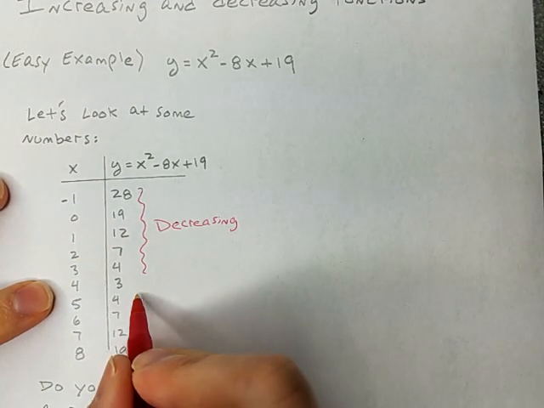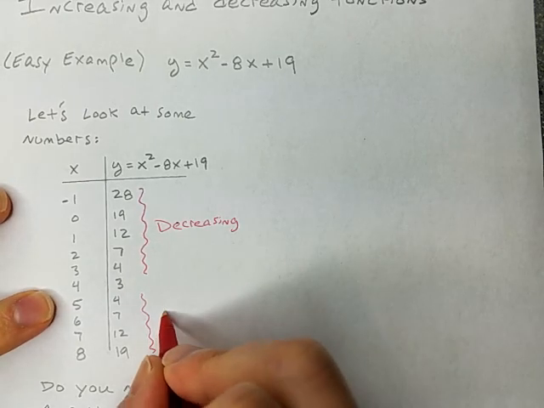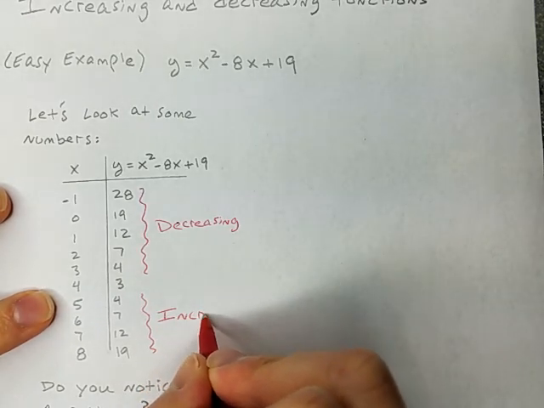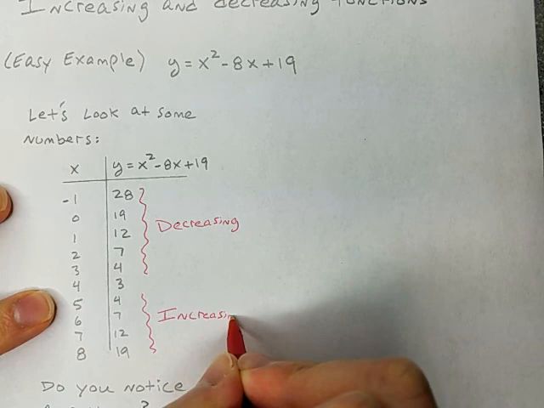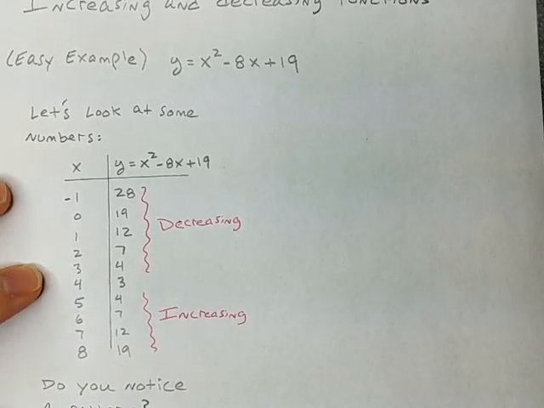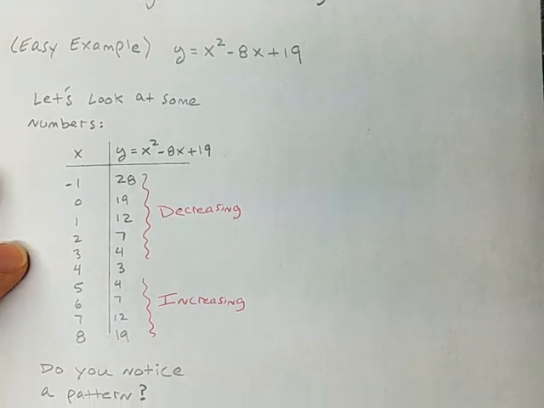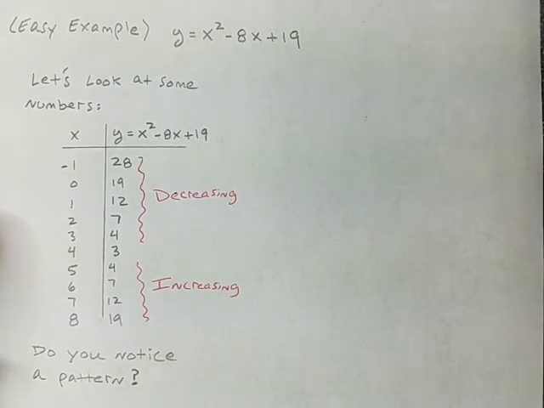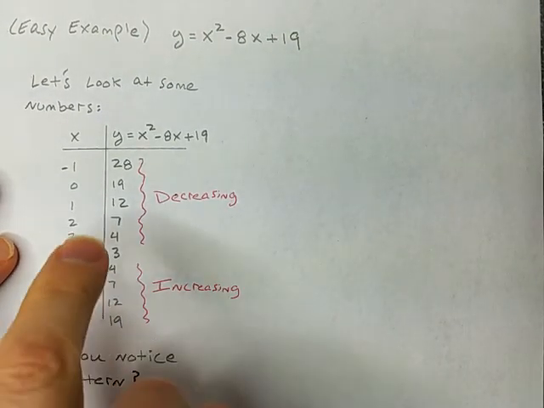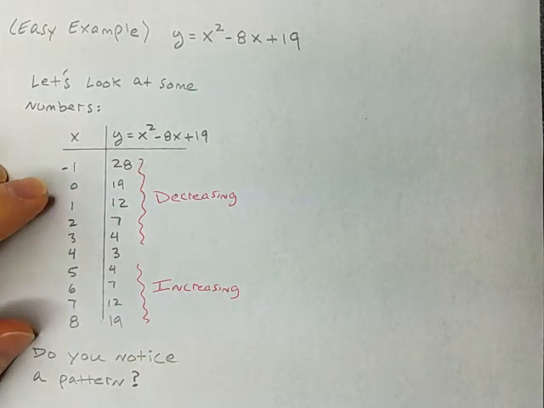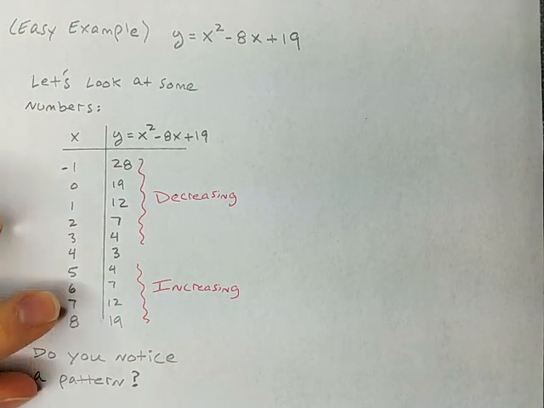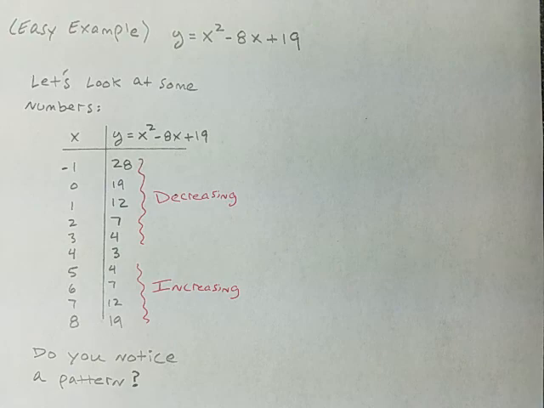And then from here onward, they're getting bigger. I hope that makes the concept simple. It's just a pattern with the numbers getting smaller or bigger. The y-coordinates specifically, right? It's not the x-coordinates, it's the y-coordinates I'm talking about.